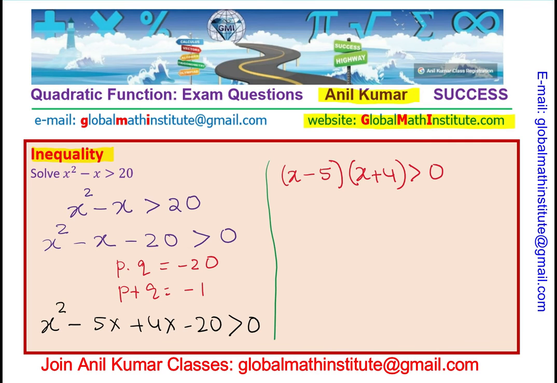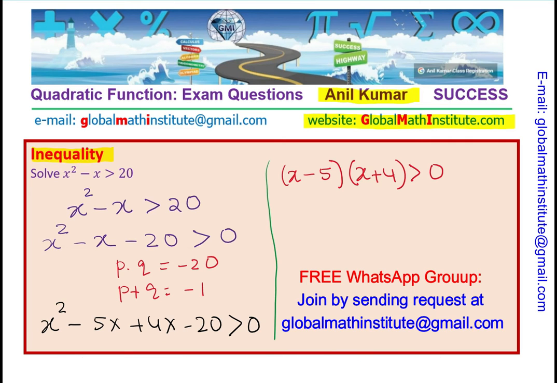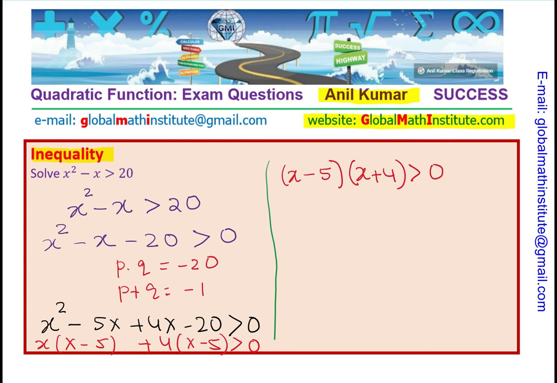You know how we get that one? You can take x common here, so you get x minus 5, and we can take 4 common, x minus 5. So these additional steps could be used. We found that the numbers which satisfy this condition were minus 5 and 4. That is how we get this minus 5 and that plus 4.